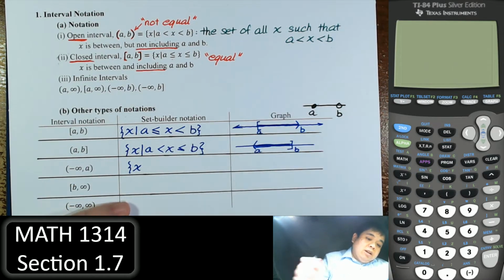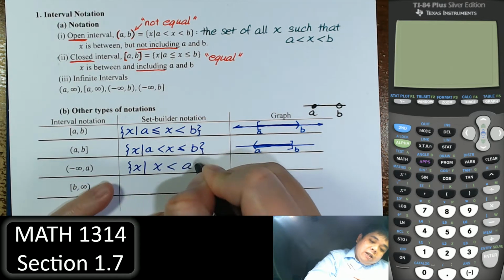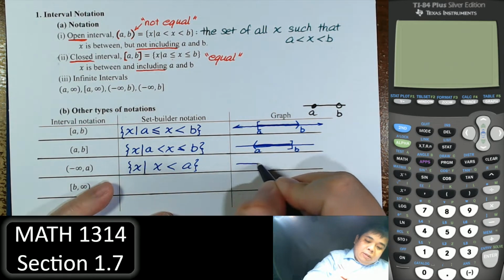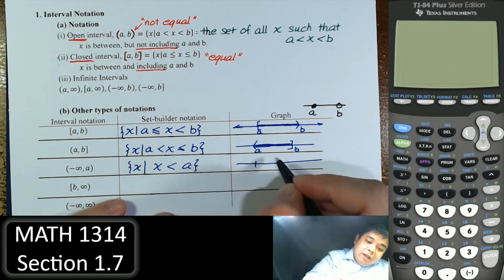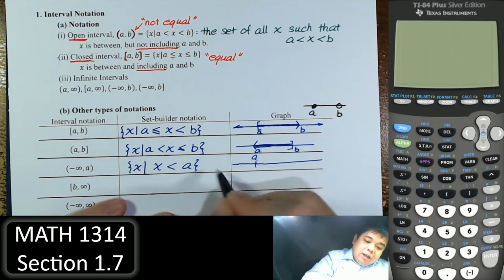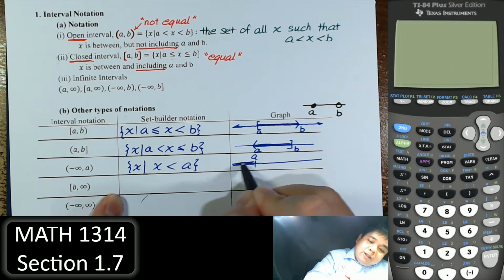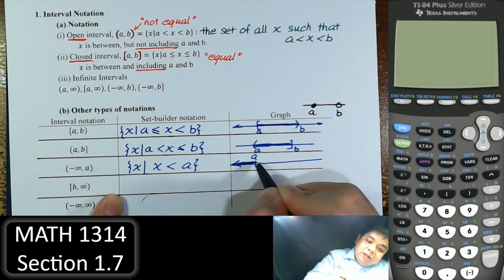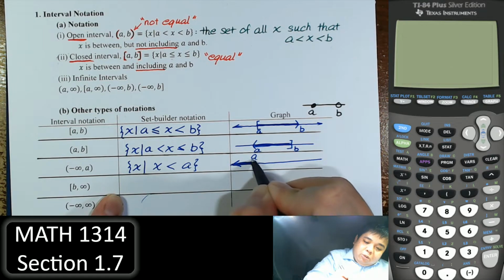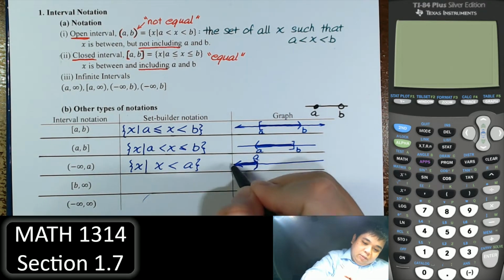So in that case, we just say x less than a, and we go from a to negative infinity, and not including a, so the parentheses, negative infinity.